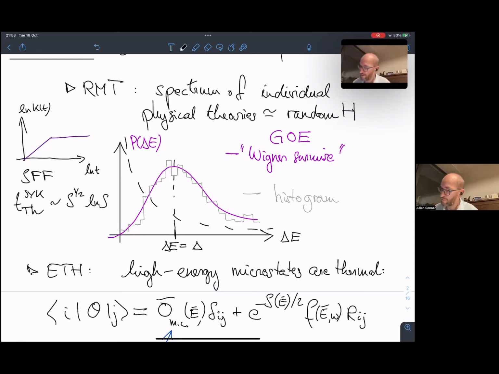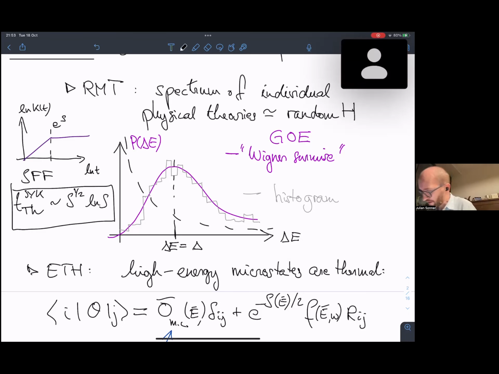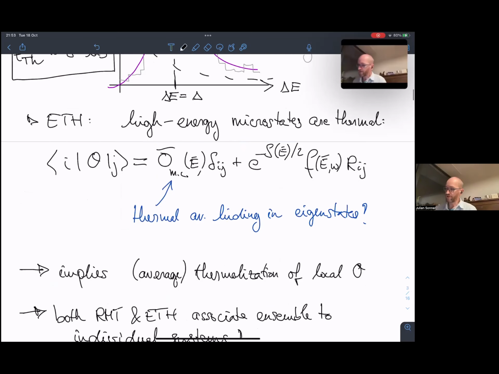One feature that is reliably at e to the S time, since you asked that question, is this turnover here. This ramp plateau turnover is reliably at e to the S time. I see. Good. So the second concept is ETH, the Eigenstate Thermalization Hypothesis.